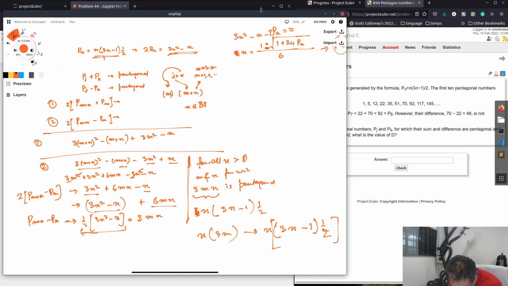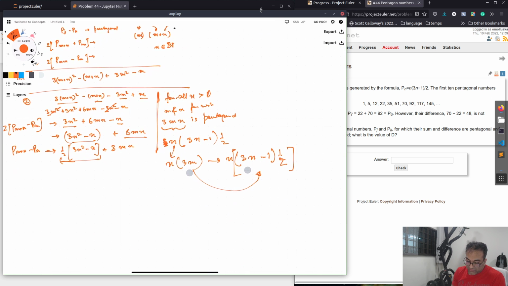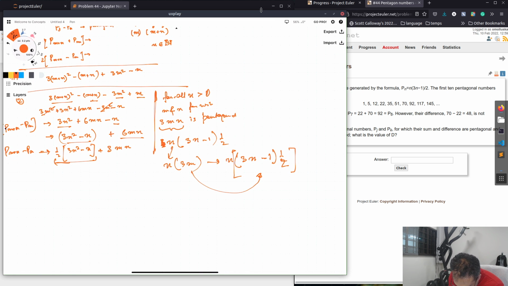Okay, that comes here, that comes here, and so for all values of n, if 3m equals (3n minus 1) times a half, or m equals (3n minus 1) times 1 by 6.